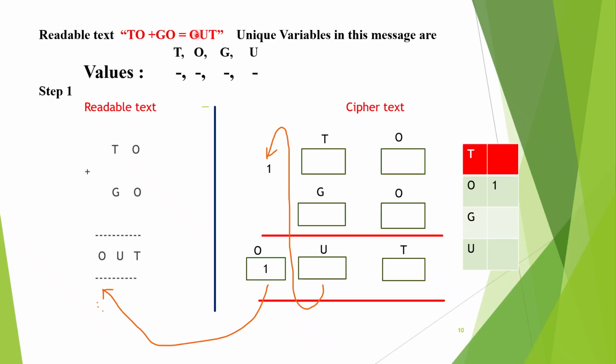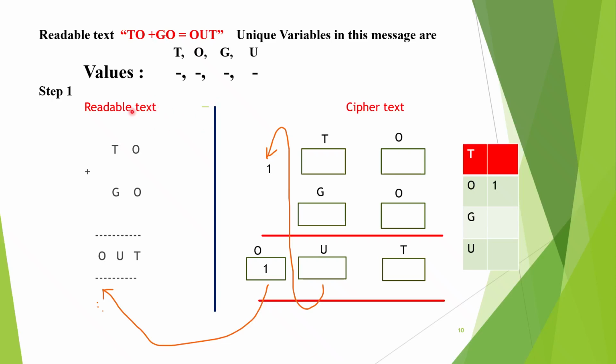Here also O is repeated, ignore it. Now U, then again T is repeated, ignore it. So there are only four unique variables in the readable text: T, O, G, U. And we are going to assign the domain, or set of values, to these unique variables.